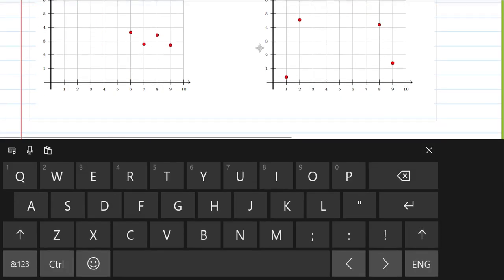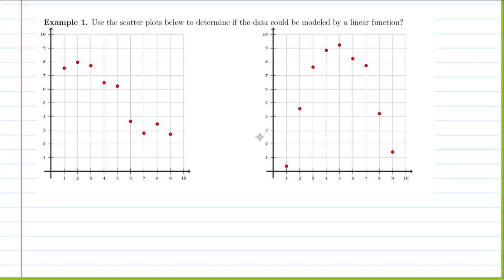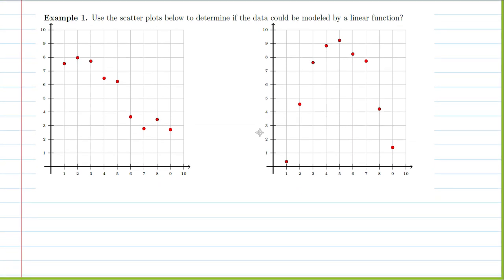So to help us decide what kind of model we want to use for our data, it's often helpful to plot our observed data on a Cartesian coordinate system and then look at the data to help us determine what type of function might be the best to model it.